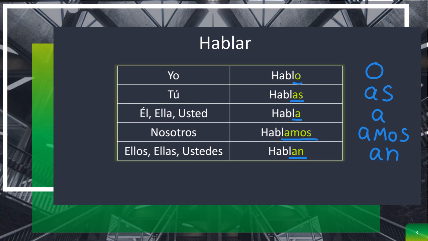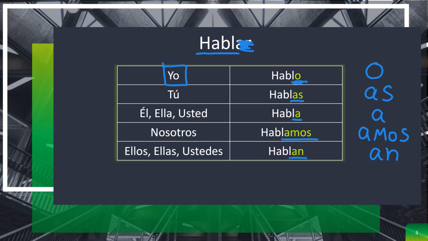So what you're going to do, the first step, is take a verb like hablar, that ends in AR, and remove the AR. You're just going to end up with the stem or the root of the verb, HABL. And then you're going to add the proper ending. So if your subject is yo, you're going to add that O on the end.